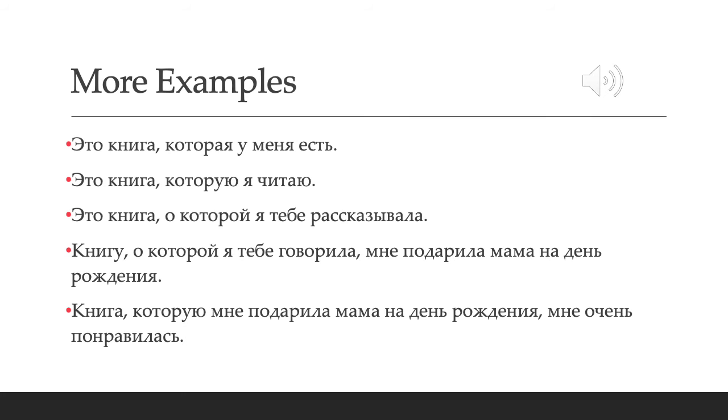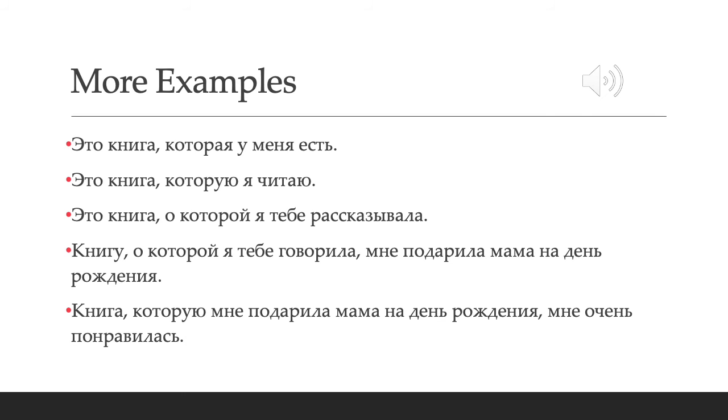And notice here how we have this который clause that is in the middle of a three-clause sentence. So, книгу, comma, о которой я тебе говорила, comma, мне подарила мама на день рождения. My mother gave me the book I was telling you about for my birthday, or the book I was telling you about my mother gave me for my birthday.